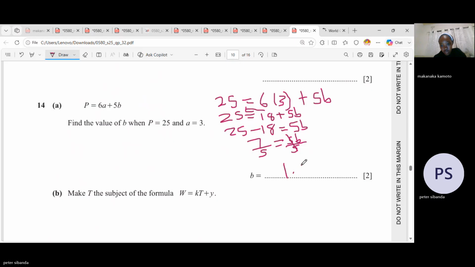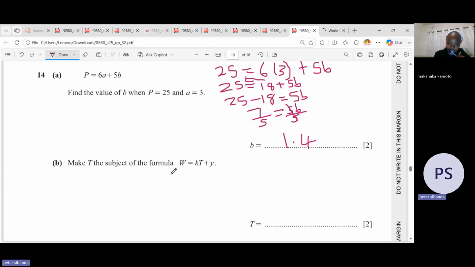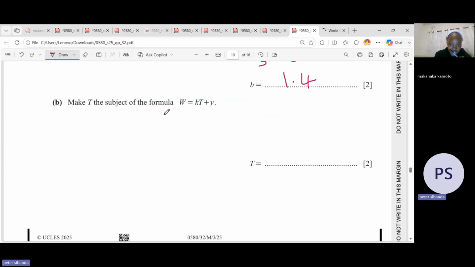Super. Well done. They want you to make T the subject of the formula this time. What do we do first? We remember we want to make T the subject of the formula, so we have to isolate T step by step.